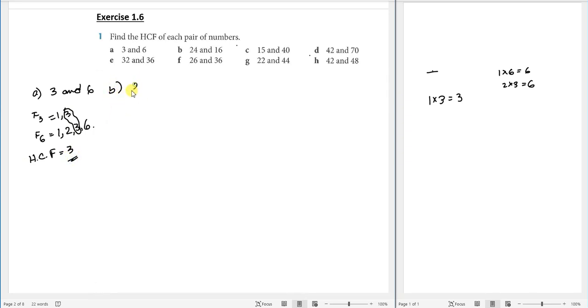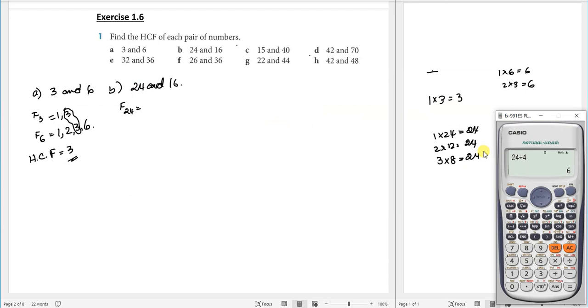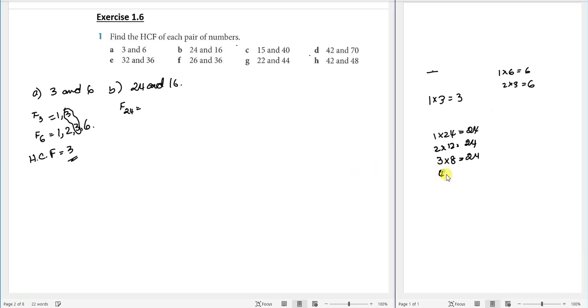Question B, 24 and 16. First we write F24. Let's check. 1 times 24 is equal to 24. 2 times 12 is equal to 24. 3 times 8 is equal to 24. 4 times 6 is equal to 24.